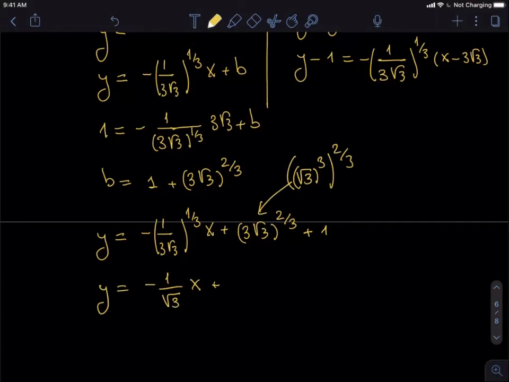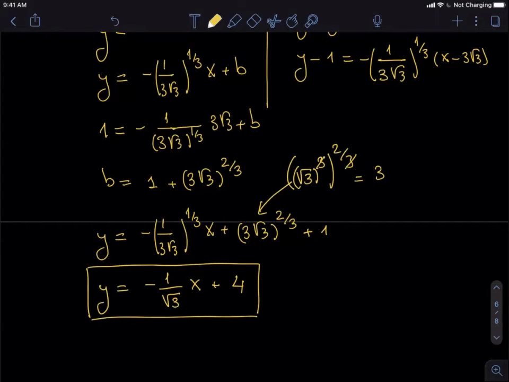So there's a lot of cancellation there. That is 3. So it looked very complicated, but in the end, it's just -1 divided by square root of 3 x plus 4. And this is my tangent.